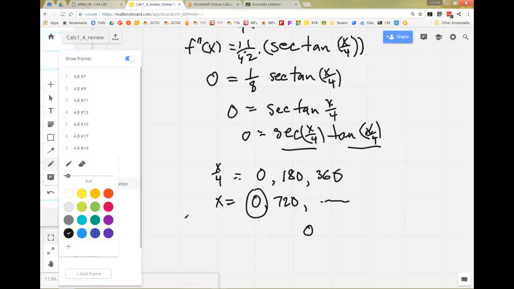Now the question is, when will this be concave up and concave down? So pick some angles that are less than 0, like, for example, -30 degrees. Negative pi over 6. Okay, now go back to the second derivative, which is right here.